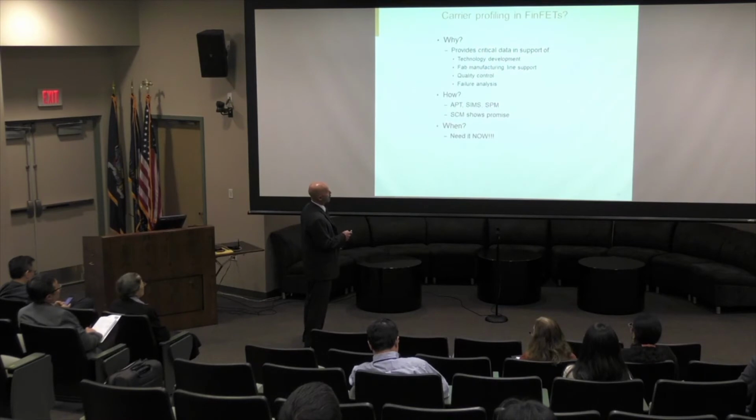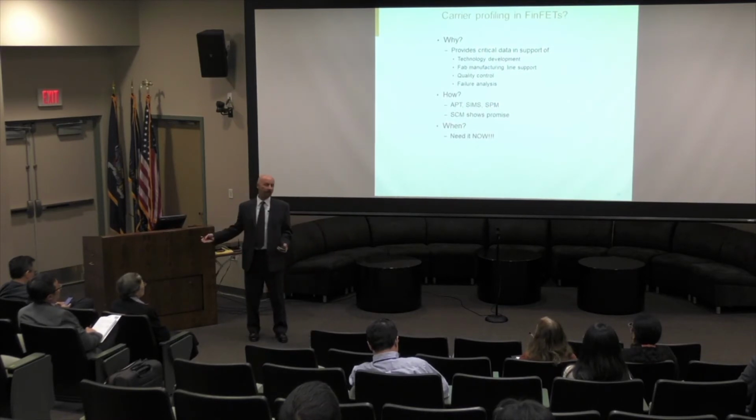Really neat approach, but it doesn't lend itself very well to an analytical lab environment. The sample prep is very, very difficult, and when you've got a one-of-a-kind sample, this can be a problem. SIMS is a great analytical method on large structures. But the scanning probe microscopy techniques show promise. The 14 nanometer technology has been in full production for a while, and we need it. We need it now.